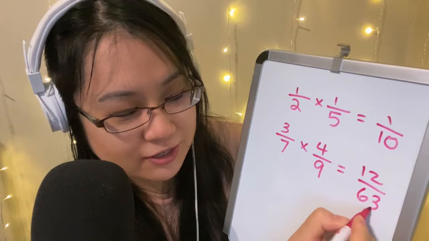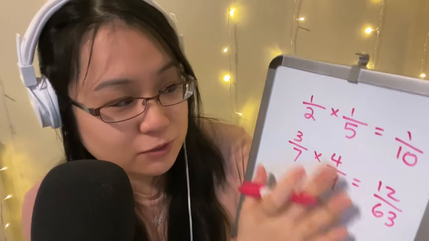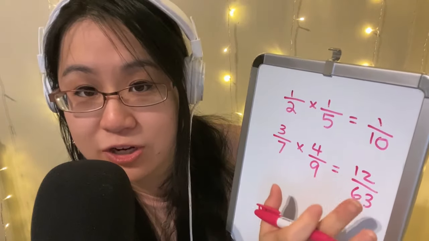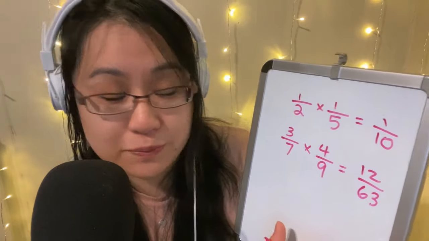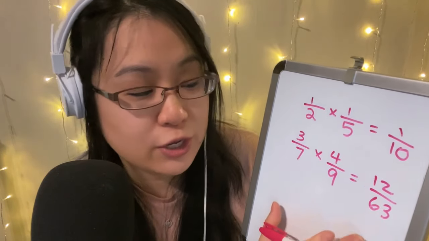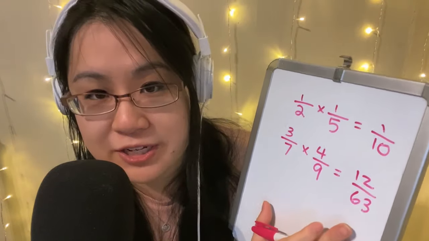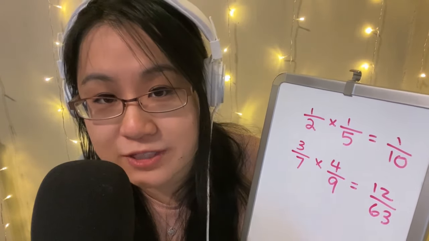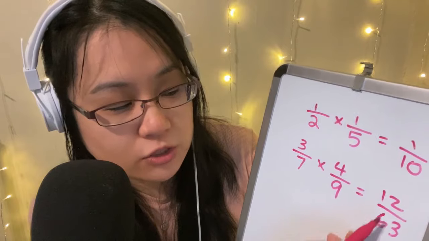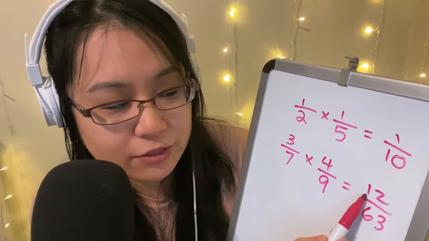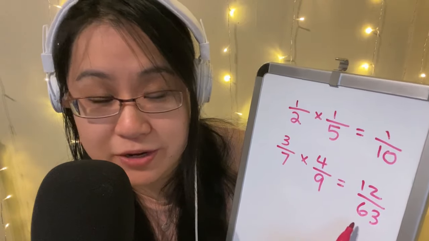Very good. And now the difference between this question and this question is that this answer, 1 out of 10, cannot be simplified any further, but 12 out of 63 can be reduced. So this is where we want to understand simplifying fractions and what equivalent fractions mean. In this case, we can actually divide a 3 into the top and the bottom.